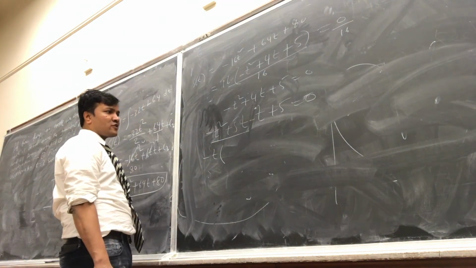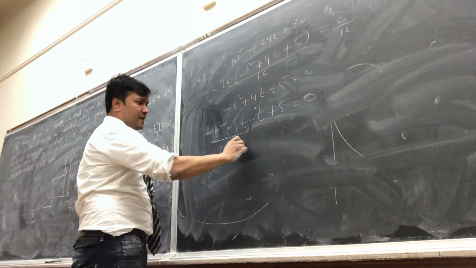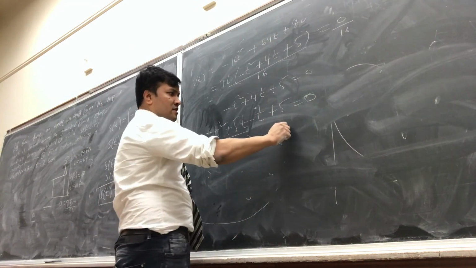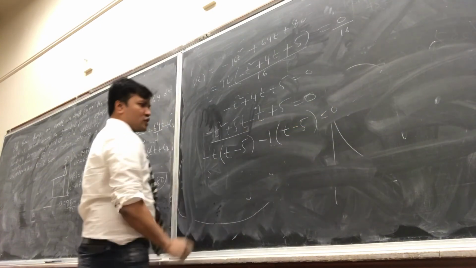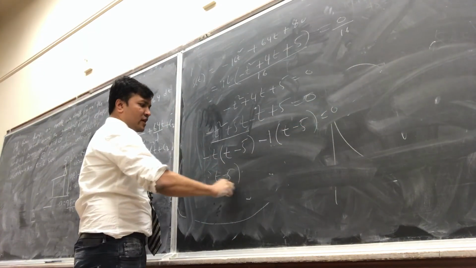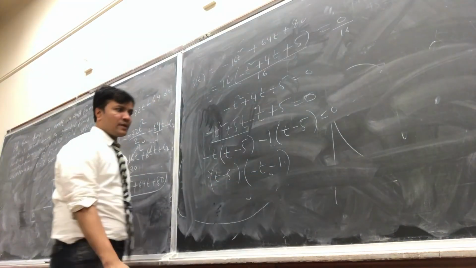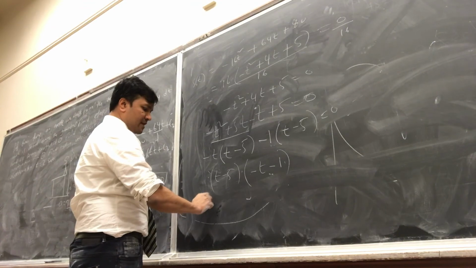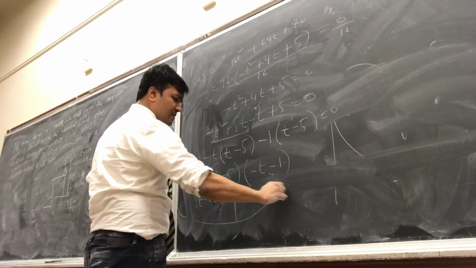So if you factor out minus t, what do you get? t minus 5. Minus 1 is the common factor. Okay, so you have t minus 5 and you have minus t minus 1.